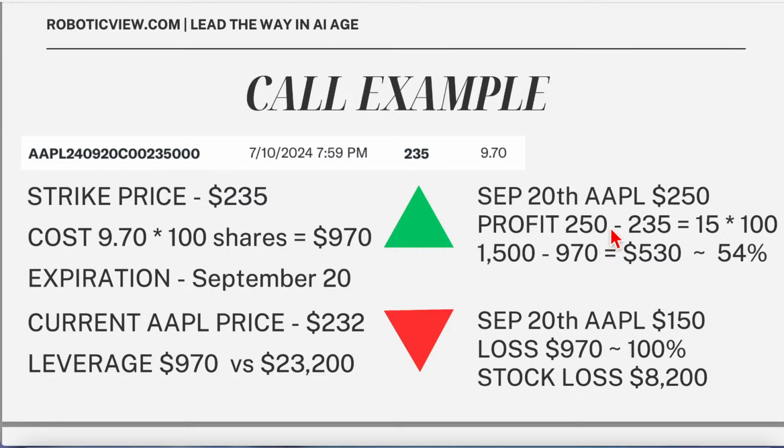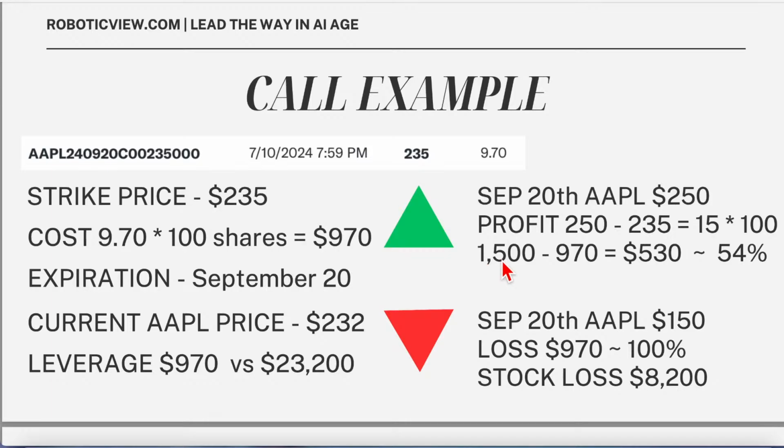Why? Because 250 is the stock price on September 20th minus the strike price. You see, 235 is the strike price. That means a $15 difference times 100 will get us to what?